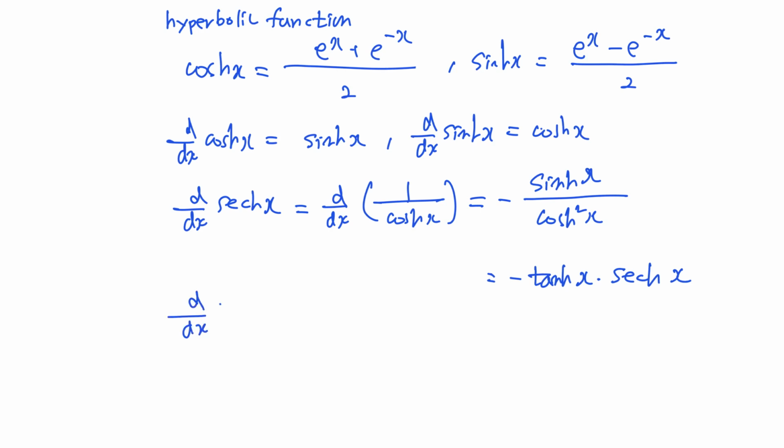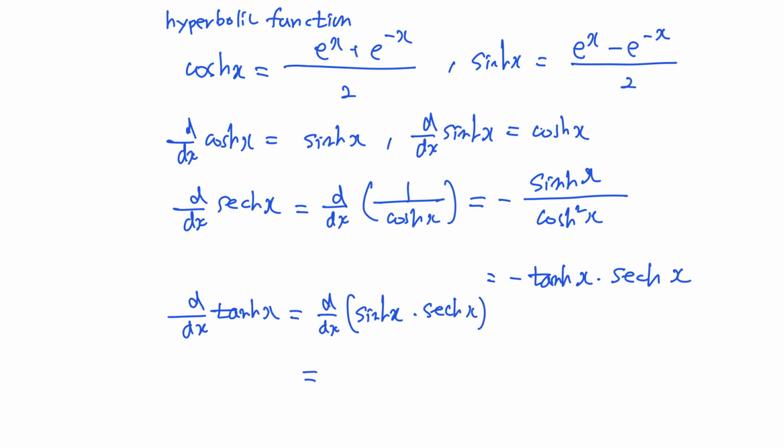d/dx tangent hyperbolic x is, let me see, d/dx of sine hyperbolic x times secant hyperbolic x.